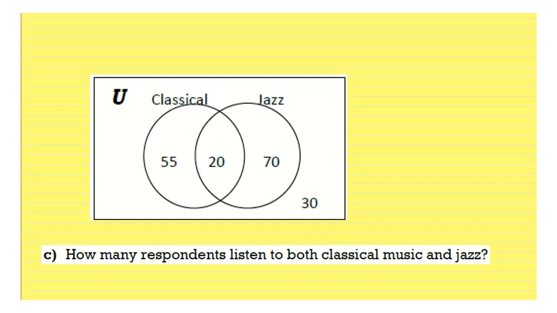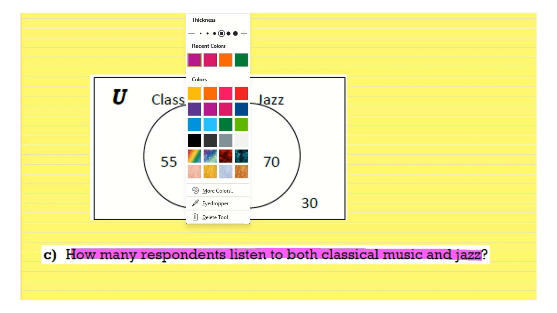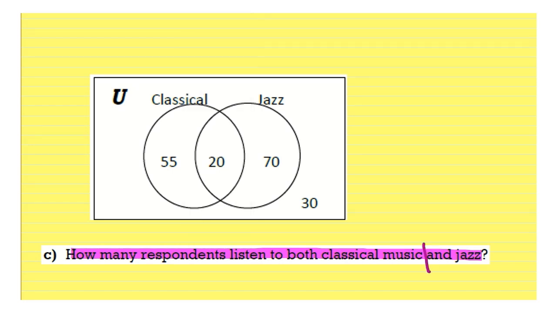says, how many respondents listen to both classical music and jazz music? So here's the thing about this. The word and, both, they go together. That is key because and is associated with the word overlap.